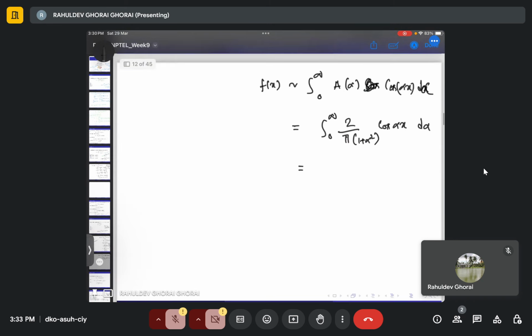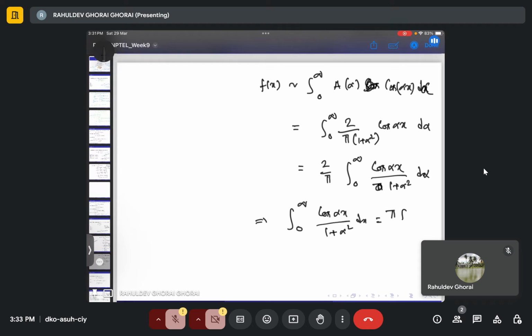See, what we need to find out is only the integral of cos alpha x over 1 plus alpha square. So 2 over pi times, this is the thing we were supposed to find, the integral of cos alpha x over 1 plus alpha square d alpha. So that implies the integral from 0 to infinity of cos alpha x over 1 plus alpha square d alpha will be pi f(x) over 2, right?